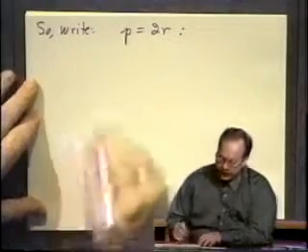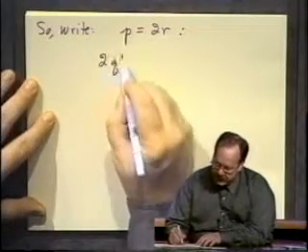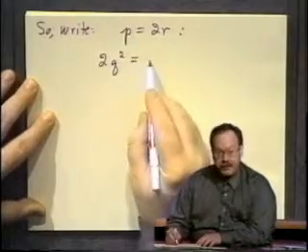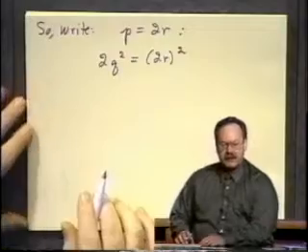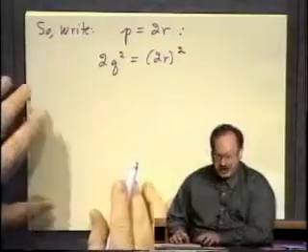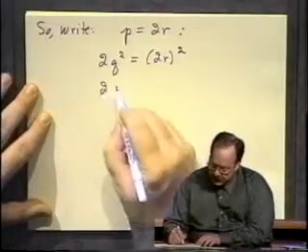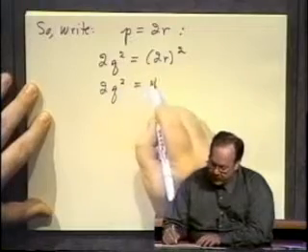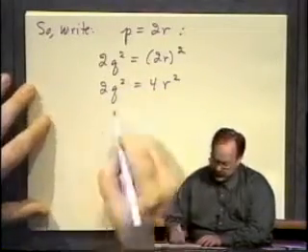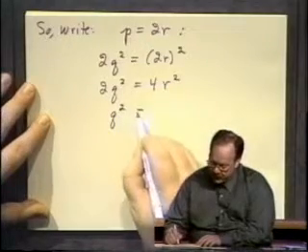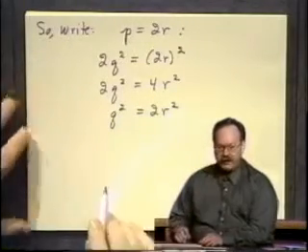And then we can continue. We had previously 2q squared equals p squared. Well, now p is 2r, so let's just go ahead and substitute that in. We can square that right-hand side. So repeating this, 2q squared will be 4r squared. And then, of course, we can divide 2 out of both sides for convenience. So q squared is now 2r squared.